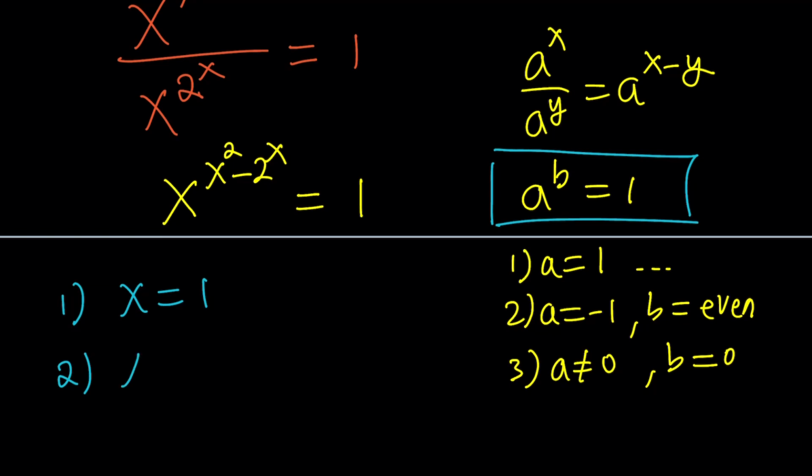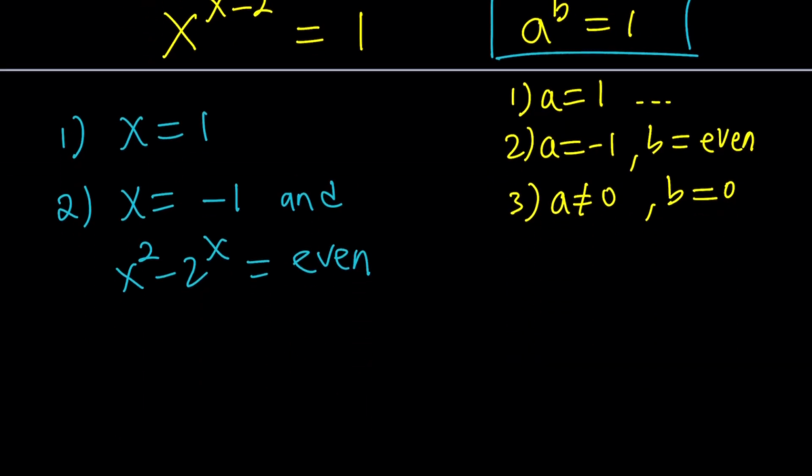Second case, x is equal to negative 1, and x squared minus 2 to the x is even. Now, we probably know that this is always going to be even except when x is equal to 0. So if x is not 0, and we already talked about it, x cannot be 0. So this is always going to be even, which means x squared must be even, which means x must be even. But negative 1 is not even, so this is not going to work.